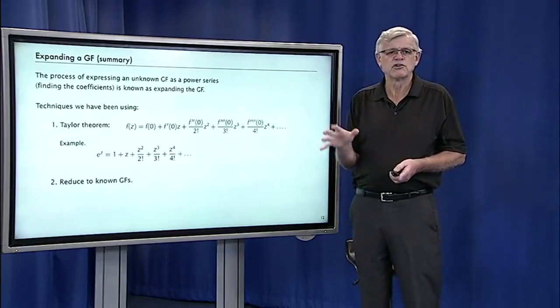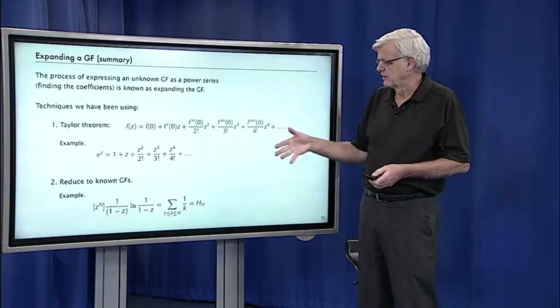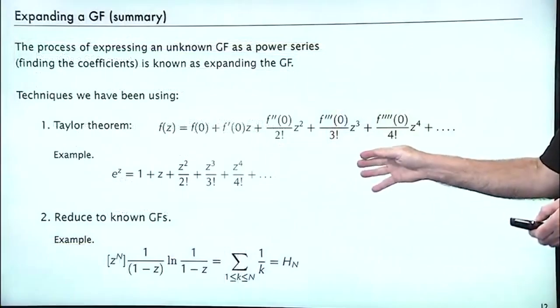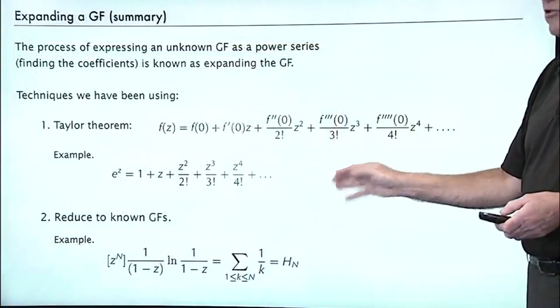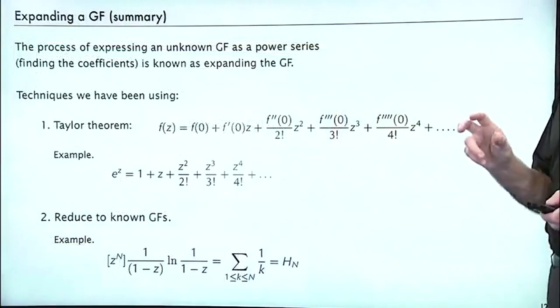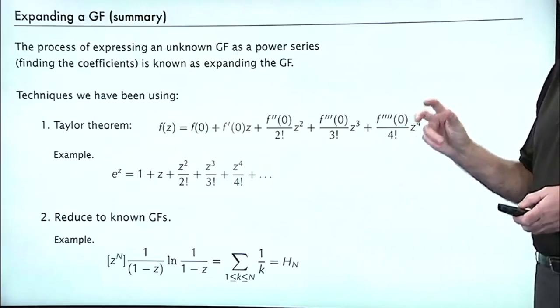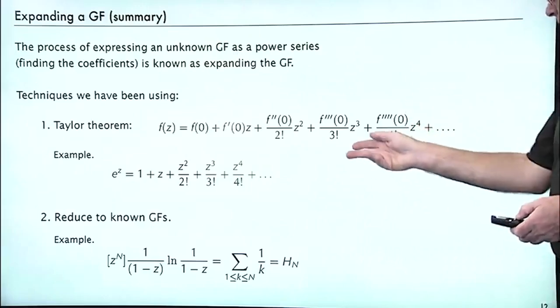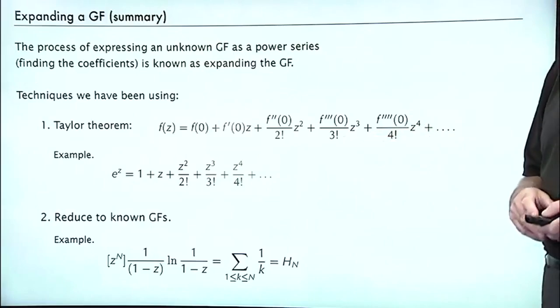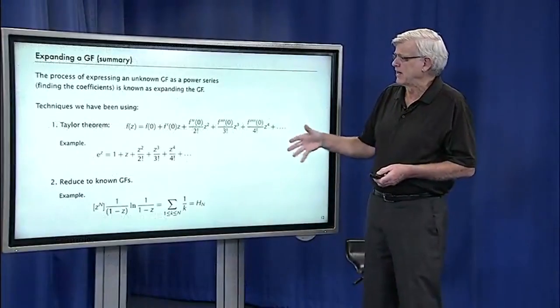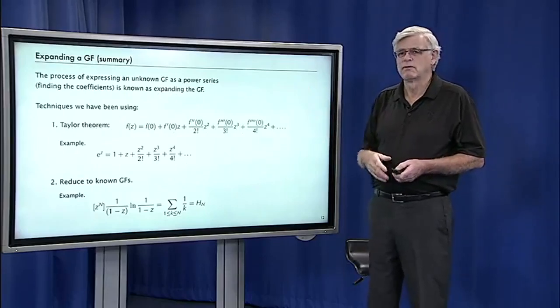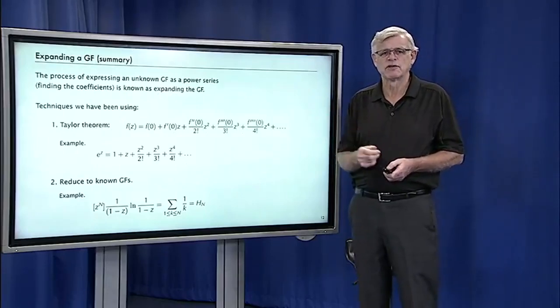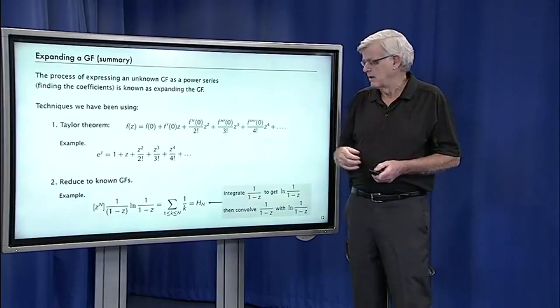But also you can reduce to known generating functions as we did. For example, if we have natural log of 1 over 1 minus z, we know how to find the coefficients of z to the n in that by the process of convolution. So that's a summary of what we do to find coefficients given a generating function.